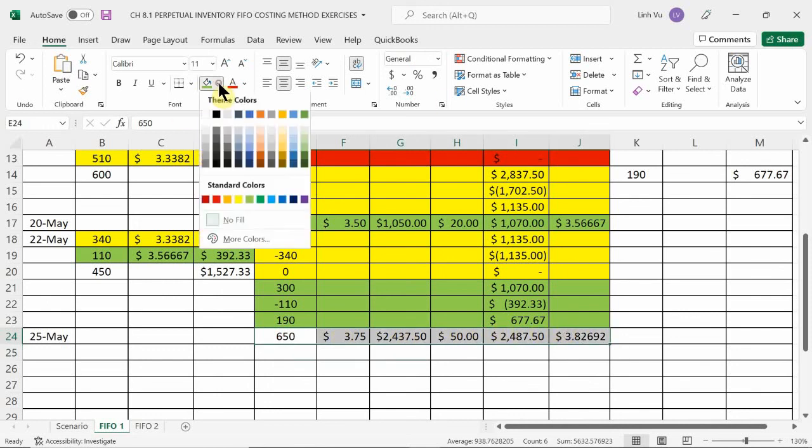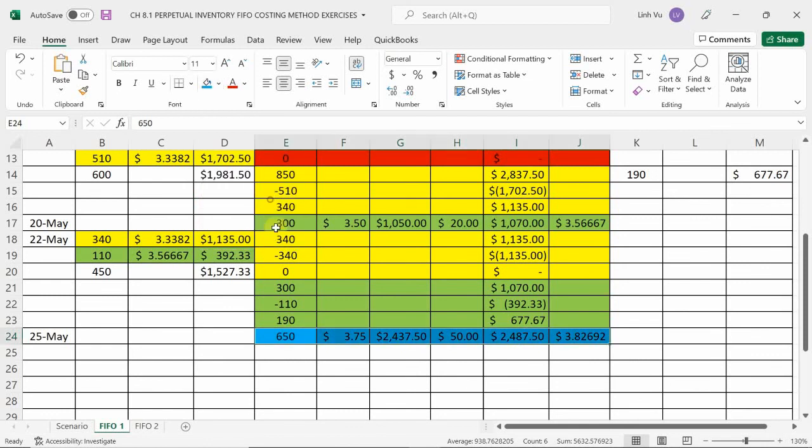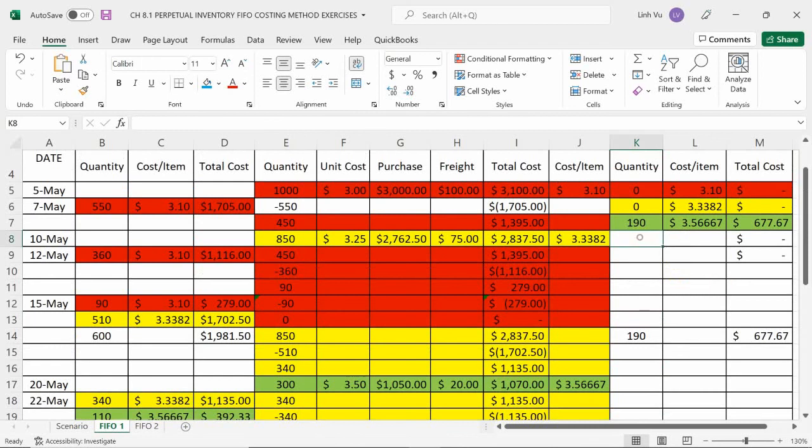Let's see what color I didn't use. I'm going to make it blue. So I need to plug that into my inventory on hand.